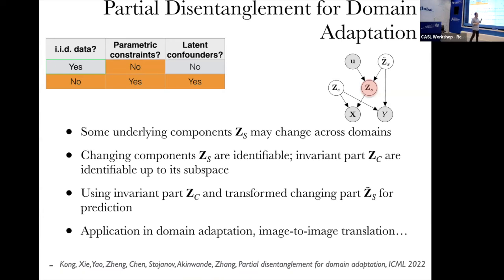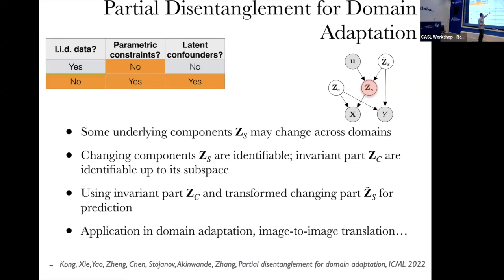First of all, for the underlying component with change in distribution, you can just recover the component without any problem. We can recover this component or this concept up to some invertible function for each of them. So that's good.